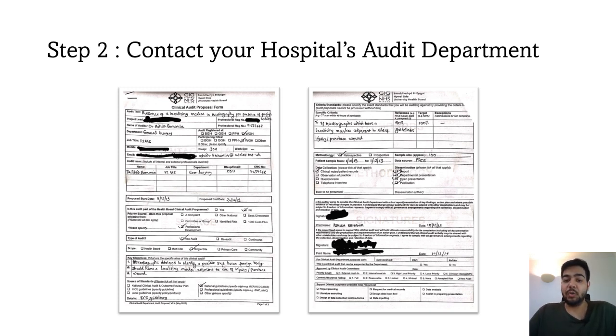Then I need to put in the details regarding the data collection, and then I finally need to sign on this document. I need to get the signature of my audit lead or the consultant under whom I'm doing this clinical audit, and then I need to submit this to the audit department, and they will review this form and then they will approve the request for conducting a clinical audit.